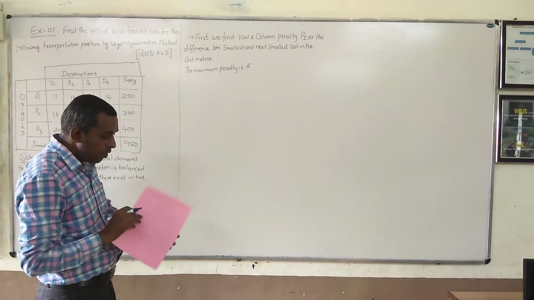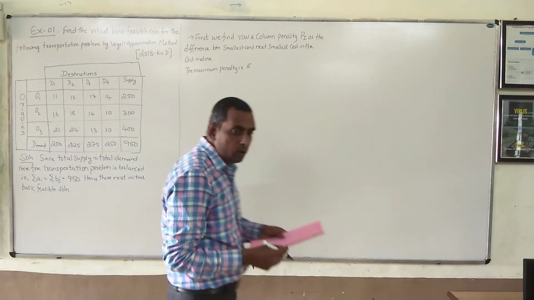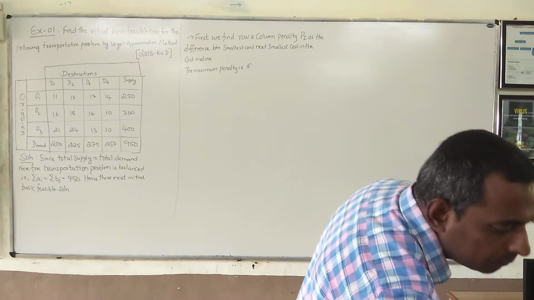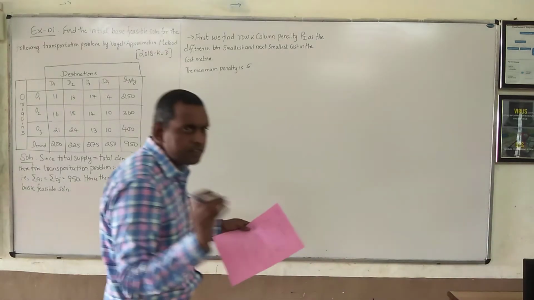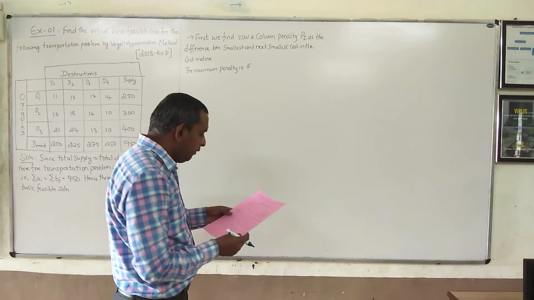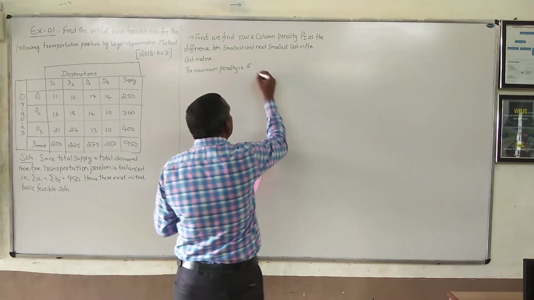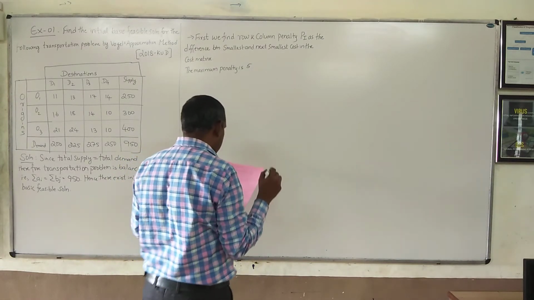How is it 5? So let me draw the diagram here. First let me finish the writing work here. Fine.